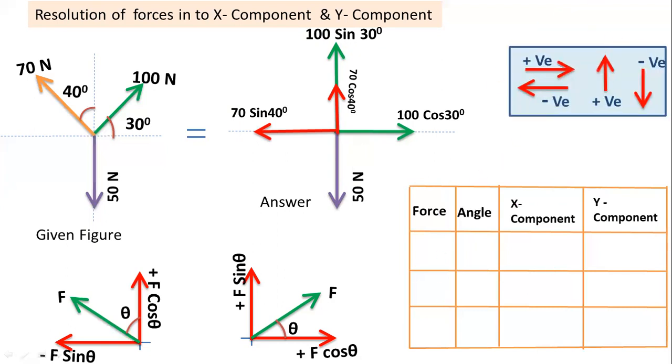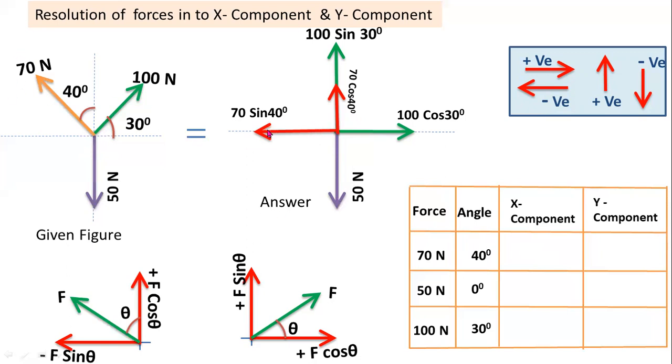These are the sign conventions. These are the given forces, and these are the given angles. Now, 70 newtons: 70 sin 40 and 70 cos 40 are the horizontal and vertical forces for the 70 newtons force.